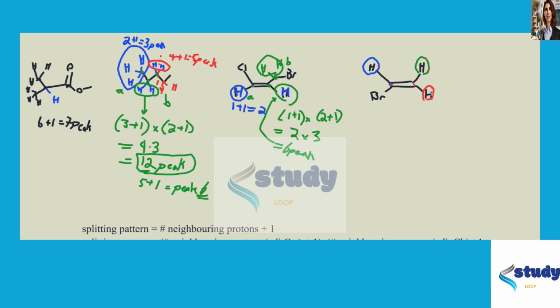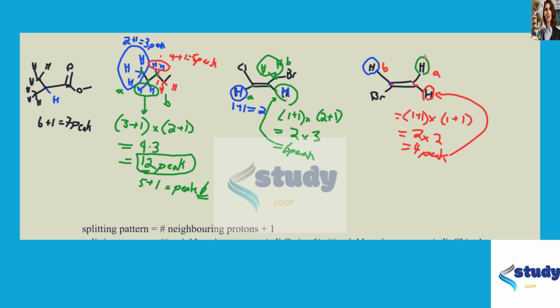So if I'm investigating the red one here, if I call green A and blue B, I see that this carbon here is directly bound to one neighbor plus one, but then it has another neighbor here that is a unique proton. So I'm going to multiply that by a new unique proton neighbor plus one. So that gives me 2 times 2. So I'm going to have a 4 peaks splitting pattern for this red proton here.